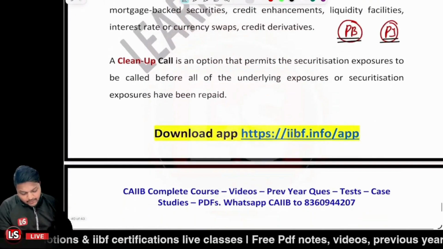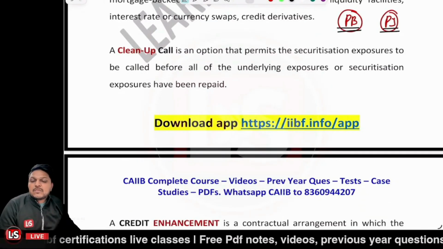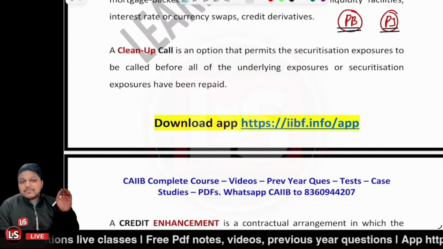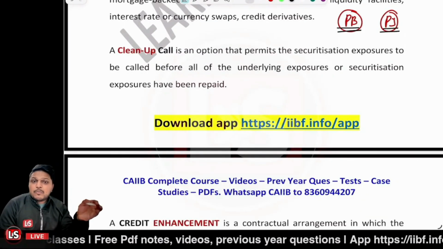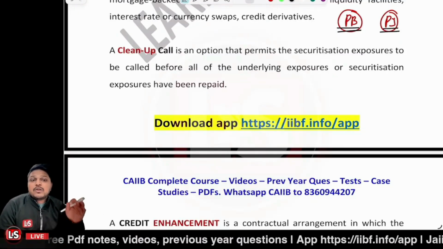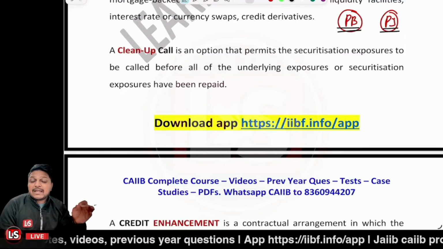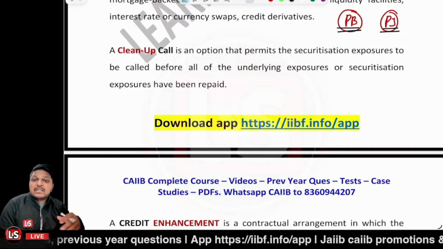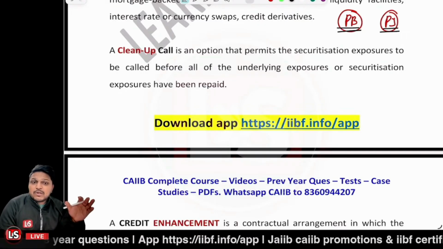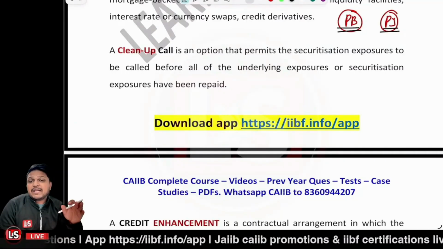That's the point. And what do you mean by the cleanup call? So a cleanup call is an option which allows the originator, that is the bank, to repurchase the remaining securitization exposure before the full payment of the underlying pool.